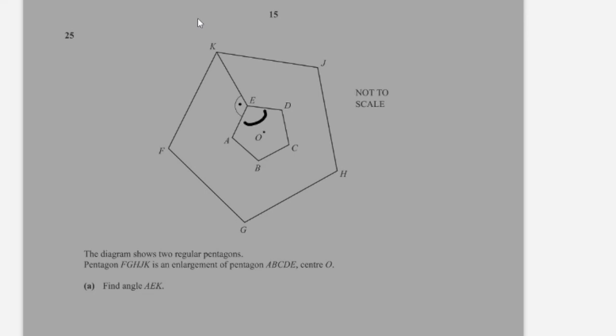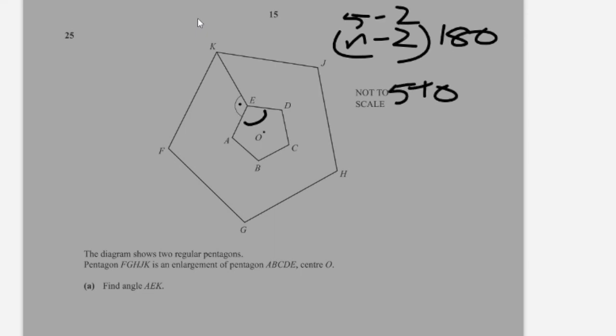So to calculate the sum of the angles of a polygon, we have the formula n minus 2 times 180. So n is the number of sides, which is 5 over here. 5 minus 2 is 3, and 3 times 180 gives us 540, and now I will divide it by 5, which gives us the size of each of the angles in this pentagon, which is equal to 108.